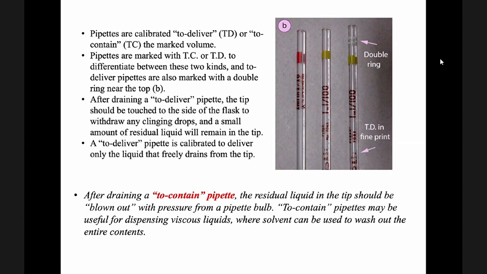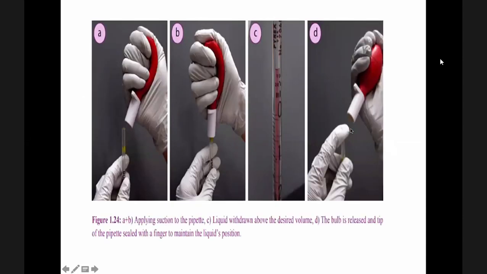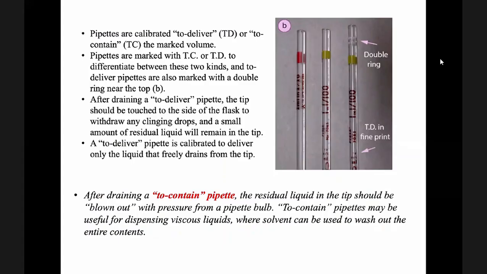Now, after draining the to deliver pipette, the tip should be touched to the side of the flask to withdraw any clinging drops, and a small amount of residual liquid will remain in the tip. Okay. So the ones that are subject to calibration are the to deliver pipettes.